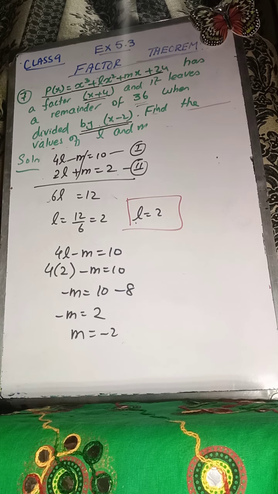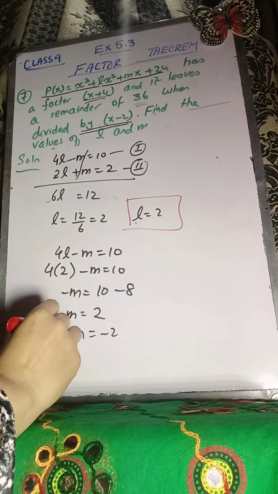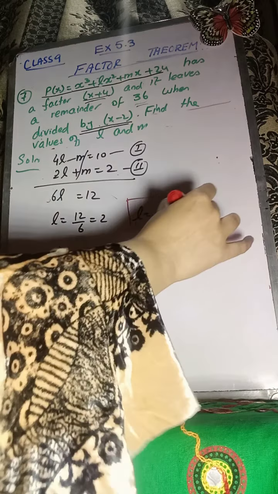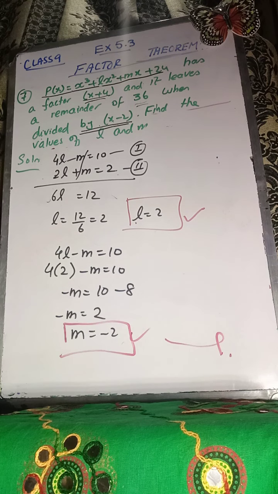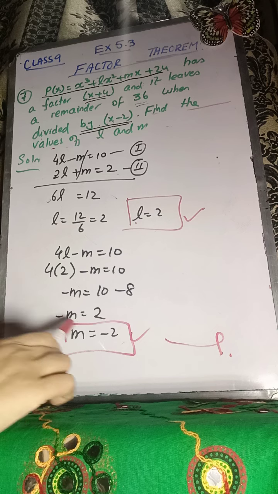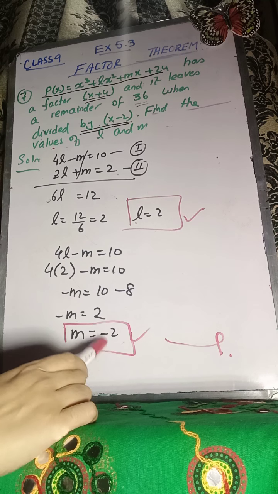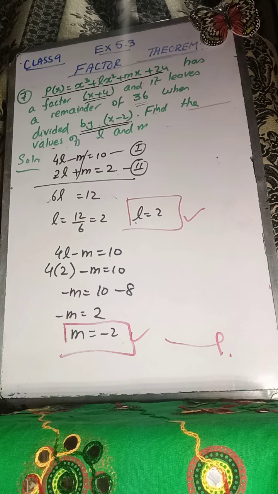This is what we had to find. This completes the question and exercise 2. So L will be equal to 2 and M will be equal to negative 2.